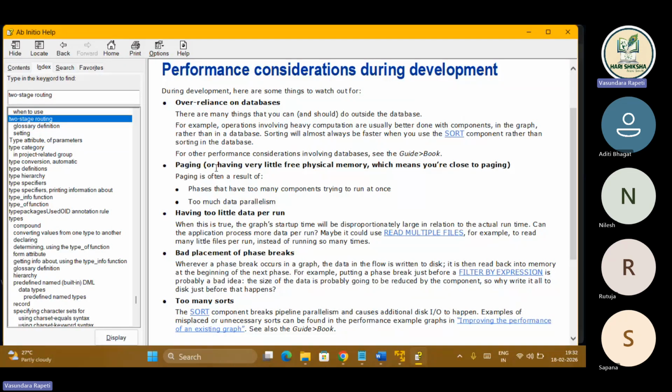Those kinds of tasks are better done by the components that are available here. Then, paging or having little free physical memory, which means you are close to the RAM size, volatile memory.